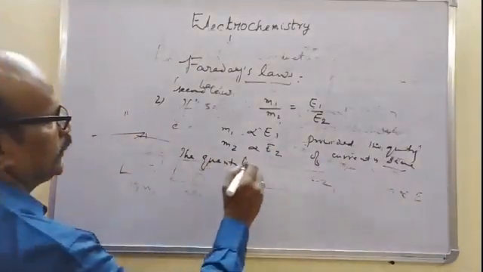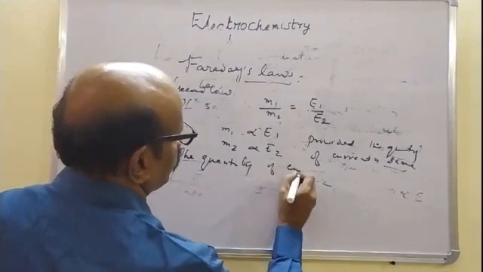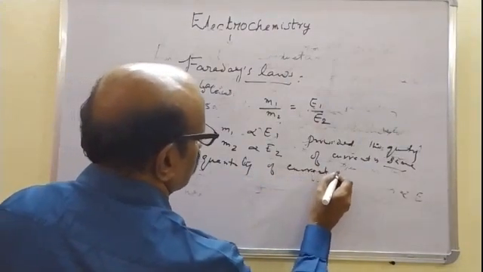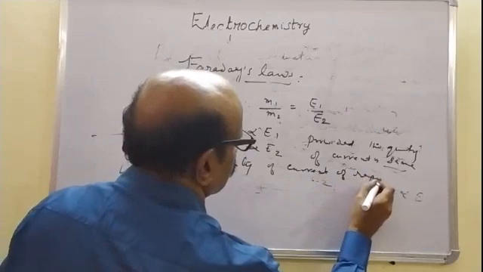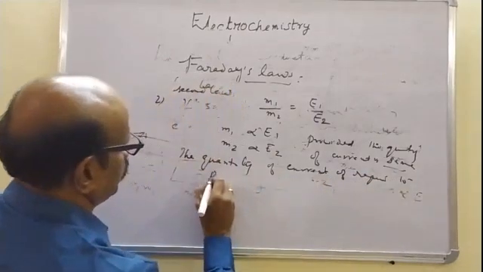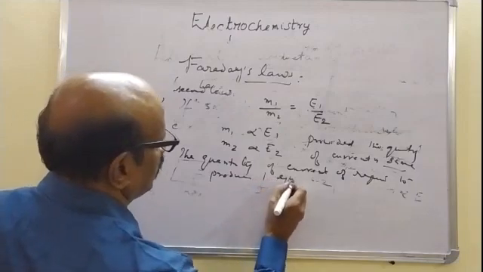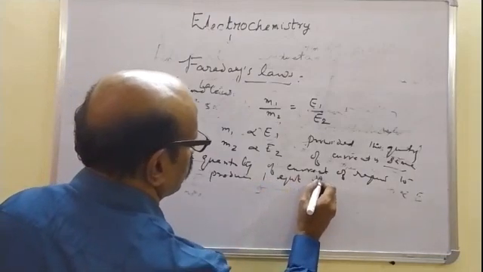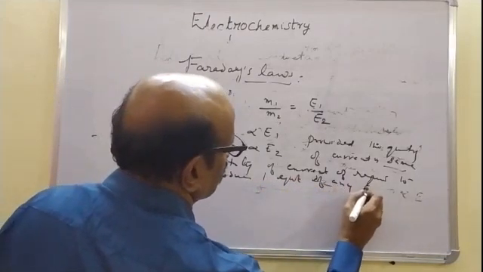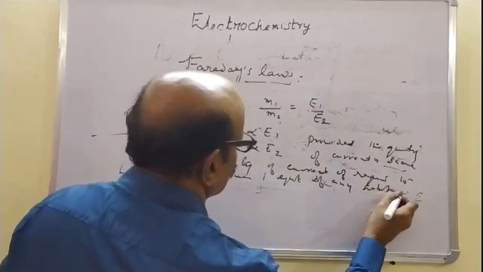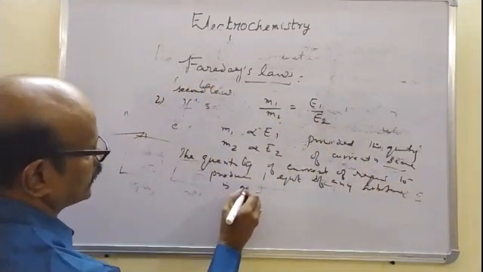Therefore the quantity of current required to produce one equivalent weight of any substance is always a constant.